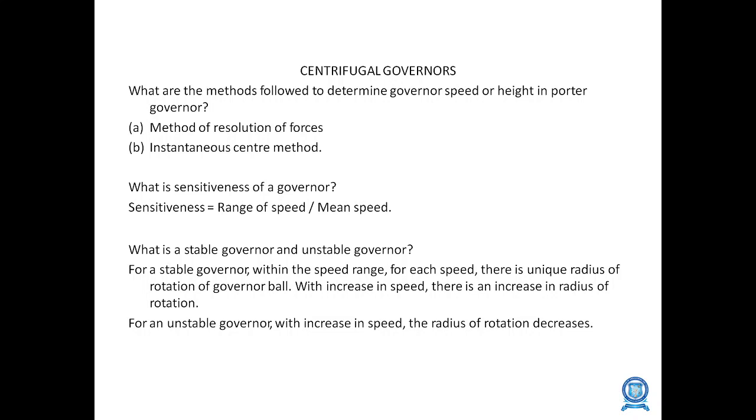So, what is a stable governor and unstable governor? For stable governor, for each speed in the speed range, there is a unique radius of rotation of the governor ball. With the increase in speed, there is an increase in radius of rotation. For unstable governor, with increase in speed, the radius of rotation decreases.